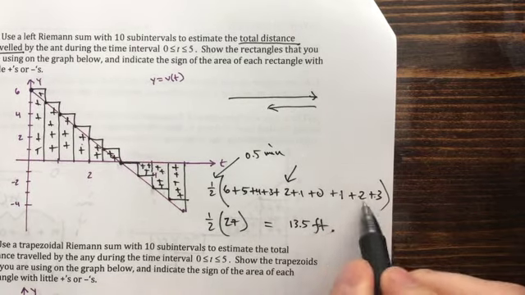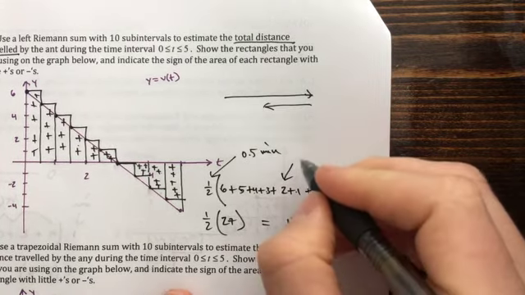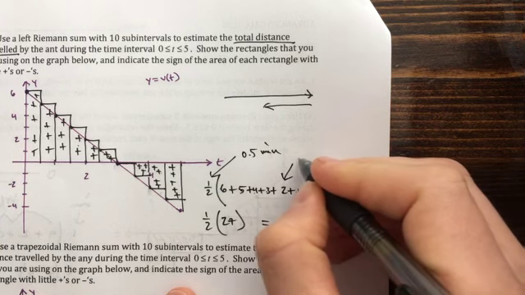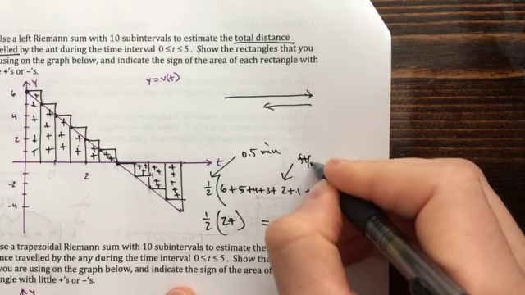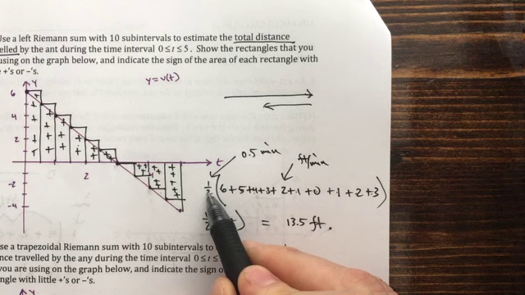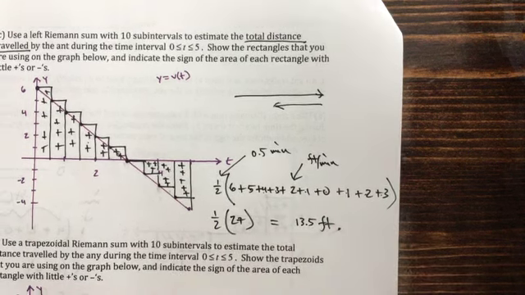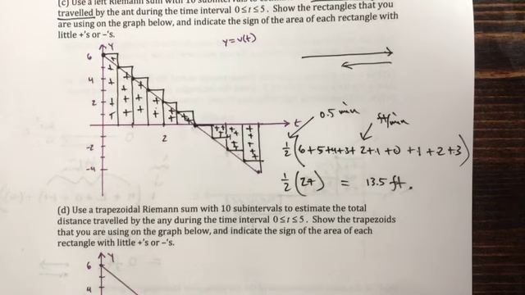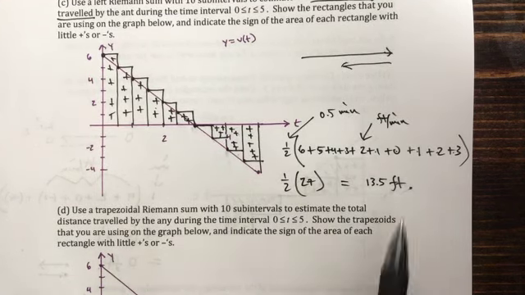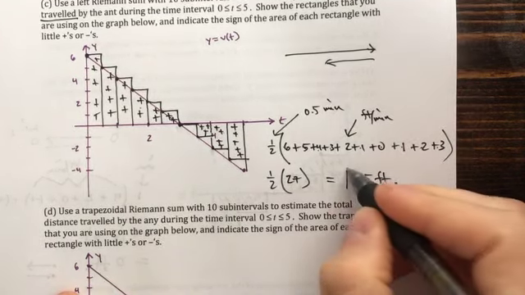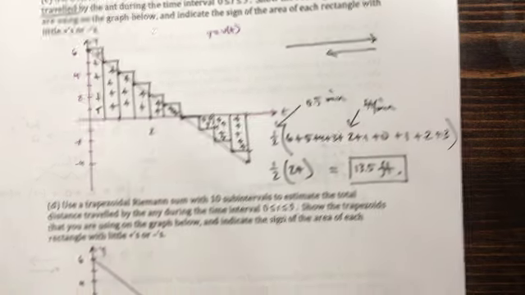And these are actually speeds, right? Because we made the velocities positive. So these are speeds in feet per minute. So when you multiply a little time times a little speed, you get a little distance, and adding them all up, you get her total distance traveled, which is 13.5 feet.